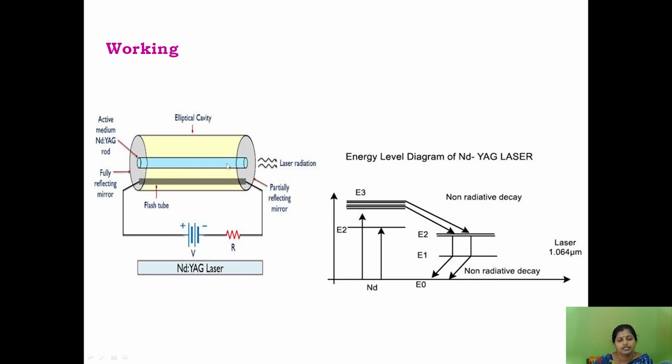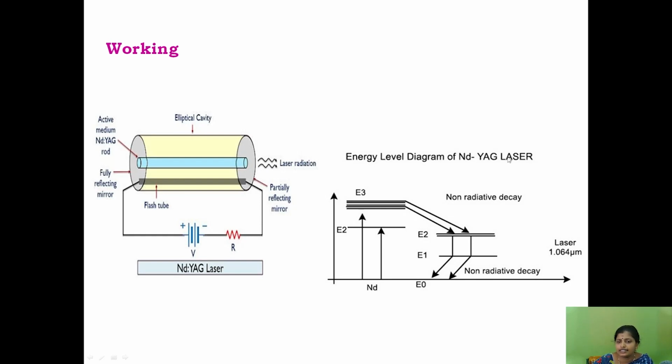Neodymium replaces some of the Y3+ aluminum material, and only neodymium returns to the ground state. When neodymium returns to the ground state, the laser beam is emitted, and it passes out only through the 50% partially reflecting mirror.